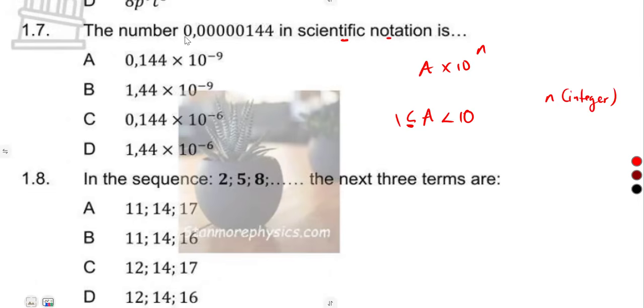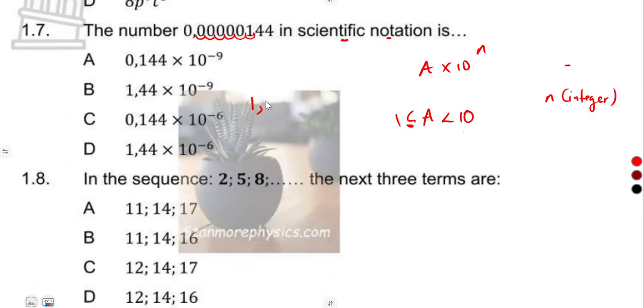When you are given these decimals 0, 0, once you have got 0, you know that your exponent is going to be negative. So let us make this number between 1 and 10, so it must be less than 10. You're going to move the comma to the right: 1, 2, 3, 4, 5, 6, until we are at 1,44.